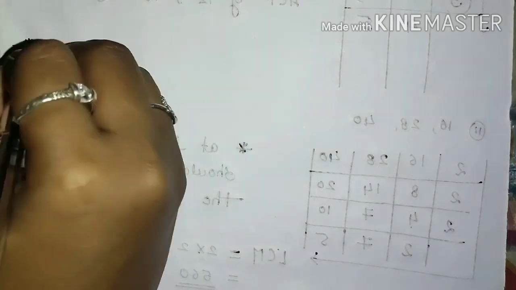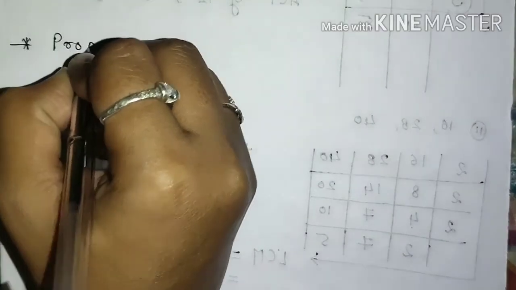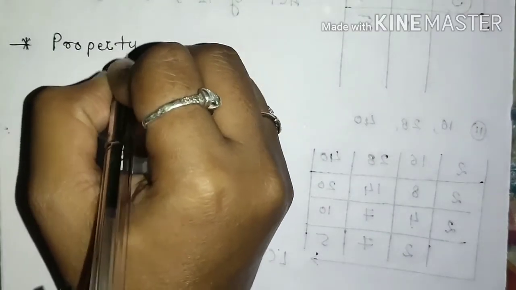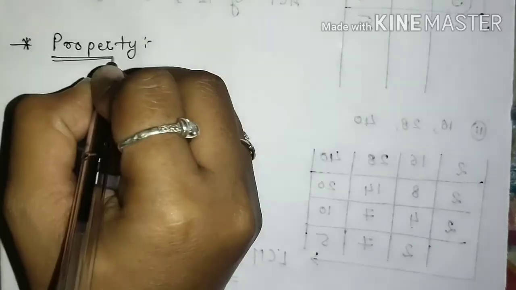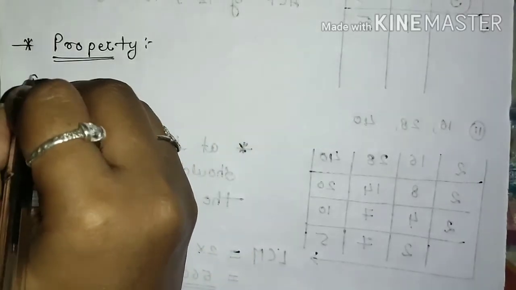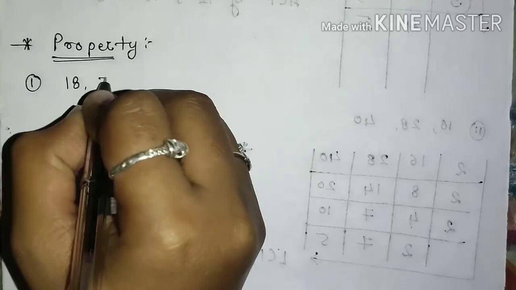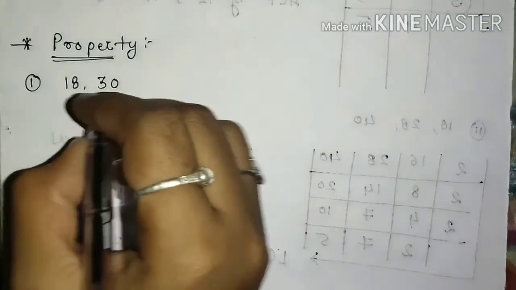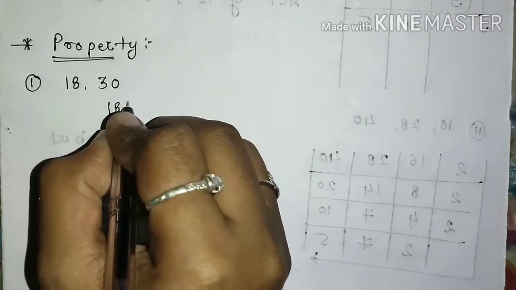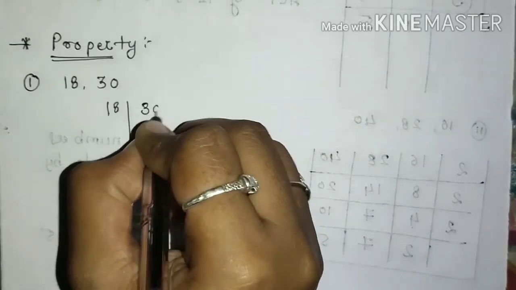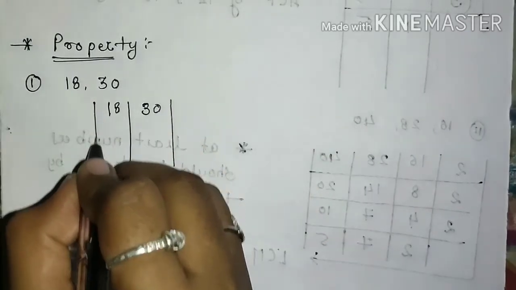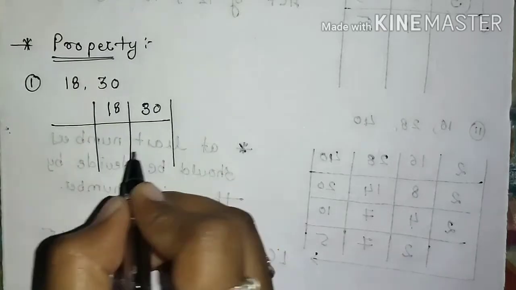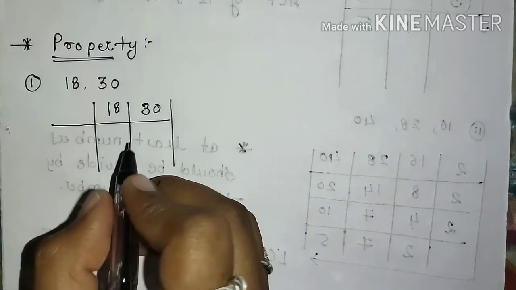Next we have to learn one property. For that we will take the same example that we have solved already, 18 and 30. For that we have to find the HCF and LCM of the given numbers.